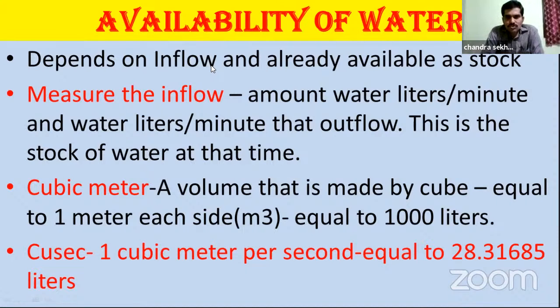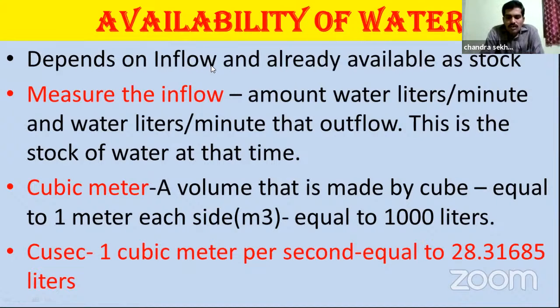Based on these two, we can calculate the availability of water for your needs. The difference between inflow and outflow is called the stock of water. Children, listen carefully. What is stock? Stock of water means the difference between inflow and outflow. If inflow is more and outflow is less, the balance between these two is called stock.